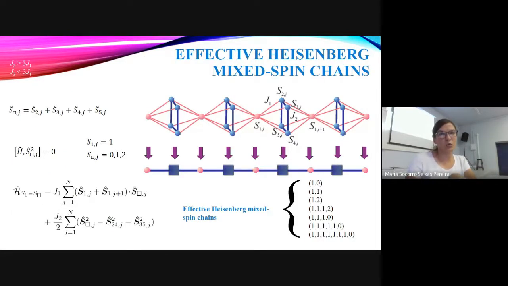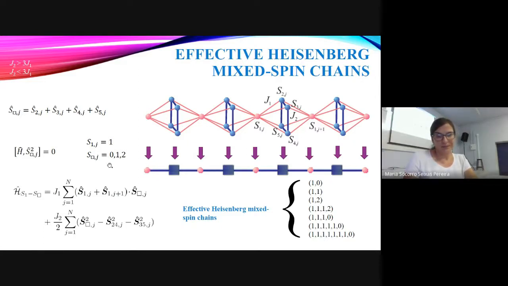In order to find ground states in the full parameter space, we have used the DMRG method and the Lanczos algorithm for effective mixed spin chains, using the fact that the total spin of the square plaquette commutes with the Hamiltonian, which can obtain quantum spin numbers 0, 1, or 2.